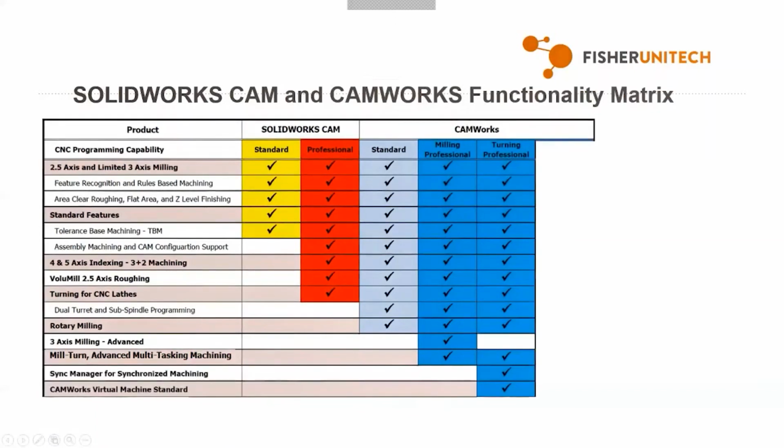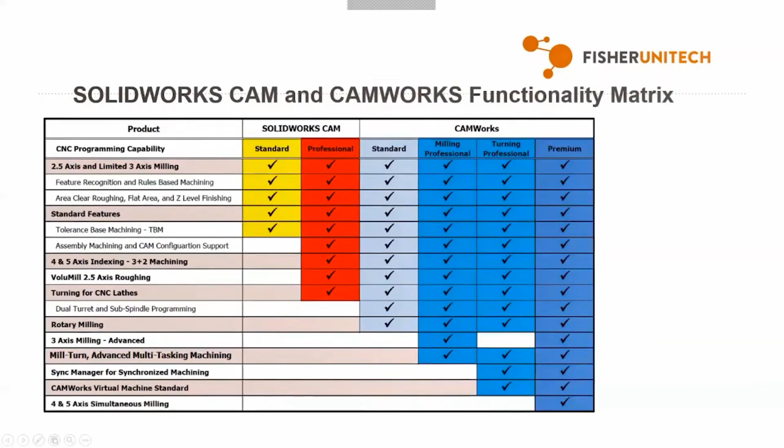The Turning Professional gives you a sync manager for, say, a multi-turret, multi-spindle setup. So if you want to do things like pinch turning, that's available within Turning Professional. And it provides you a virtual machine standard too, which is a G-code simulator. So your simulator is based off the G-code.